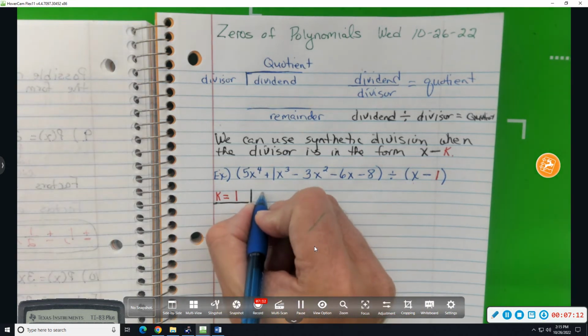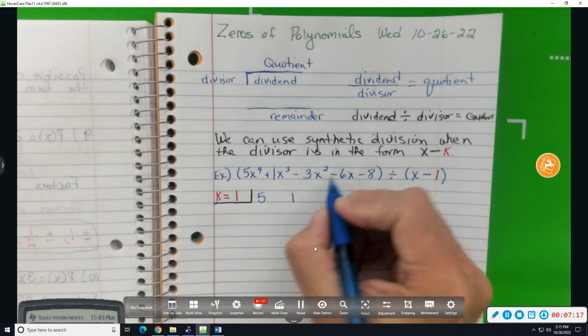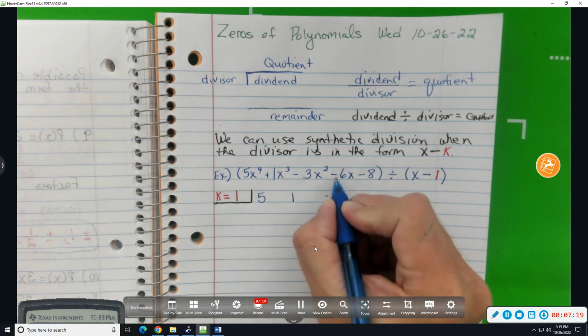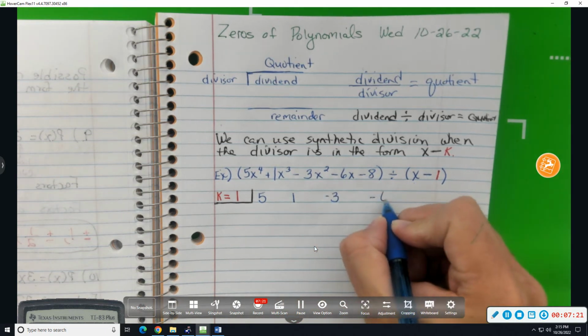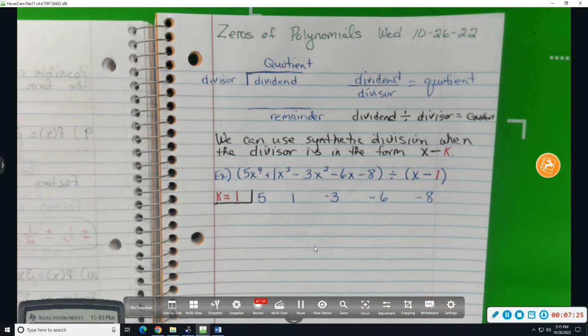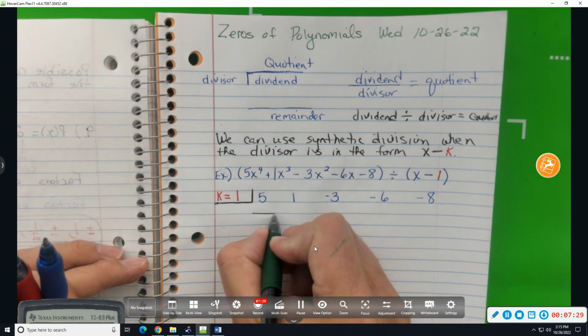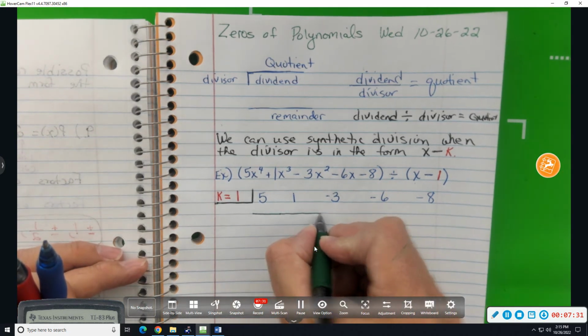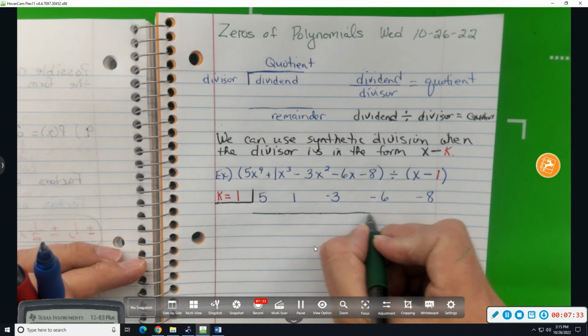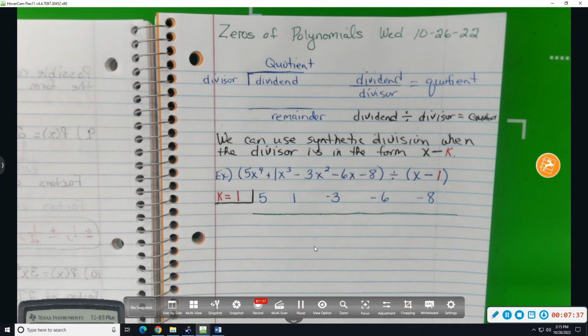So I'm going to write it like this: 5, 1, negative 3, negative 6, negative 8. I'm going to draw what looks like an equal line right here. And to get started, that's how you set it up.